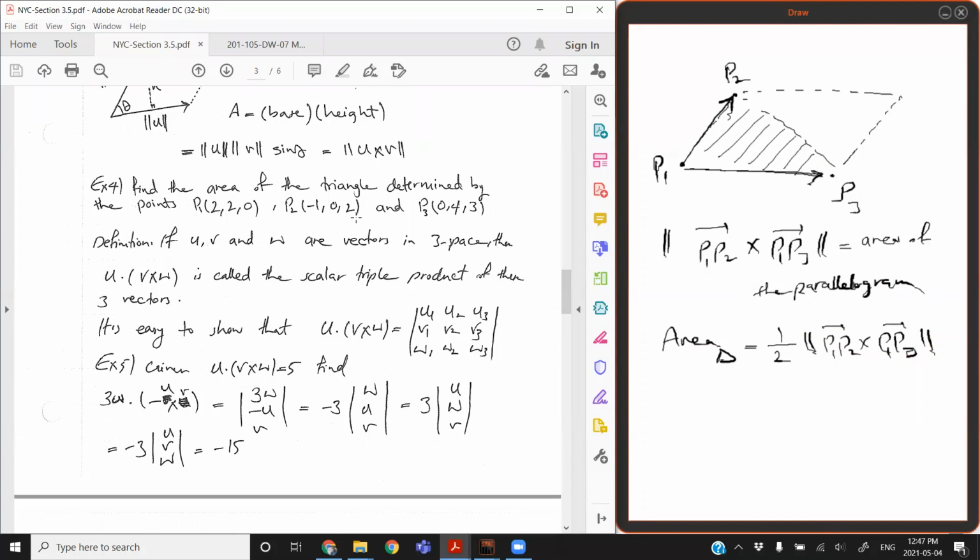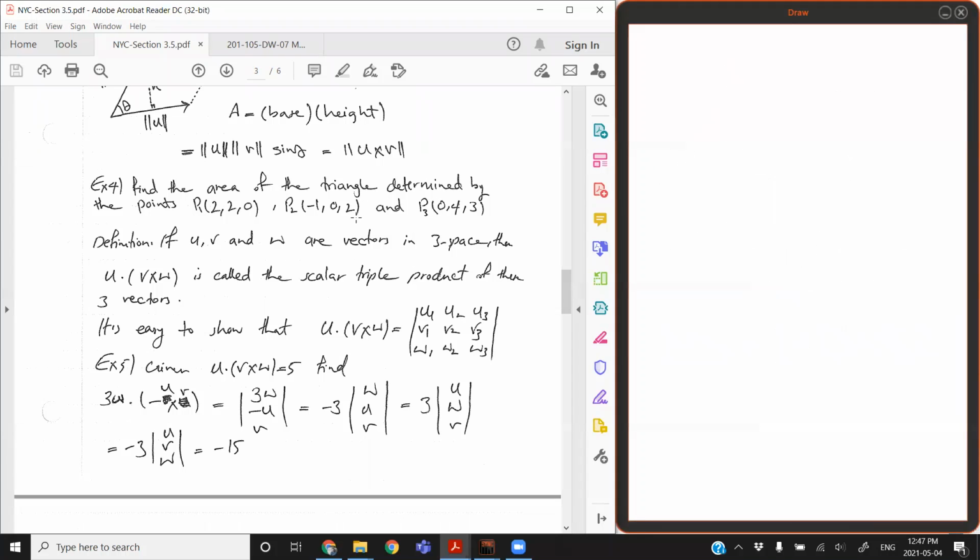Okay, so let's just do that. Find P1, P2 and P1, P3, and then cross them, find the norm, and then divide that by 2. That would be the area of the triangle.